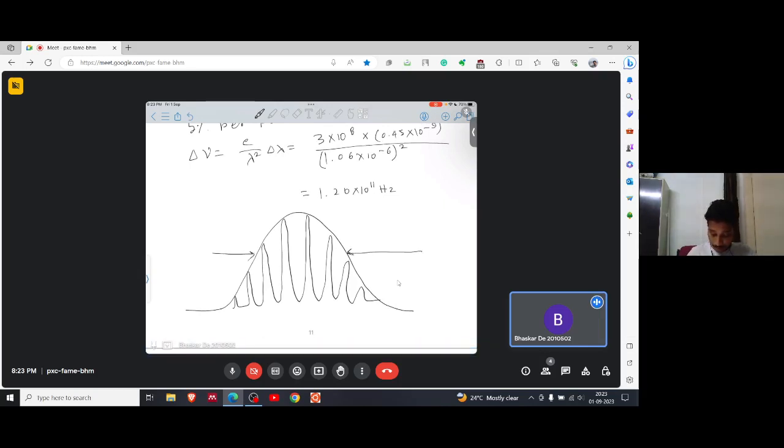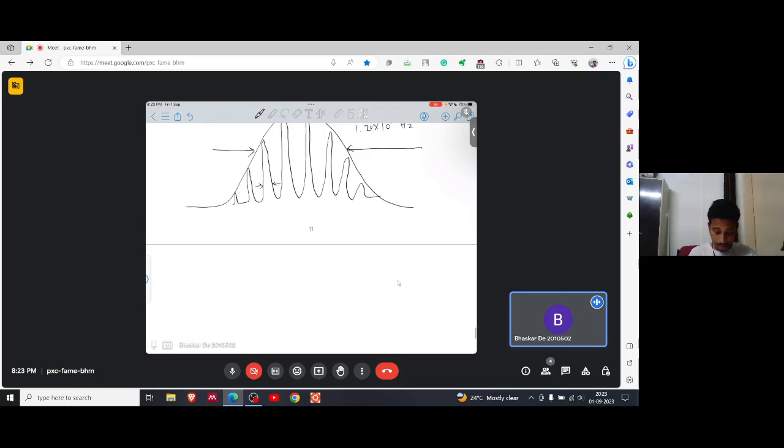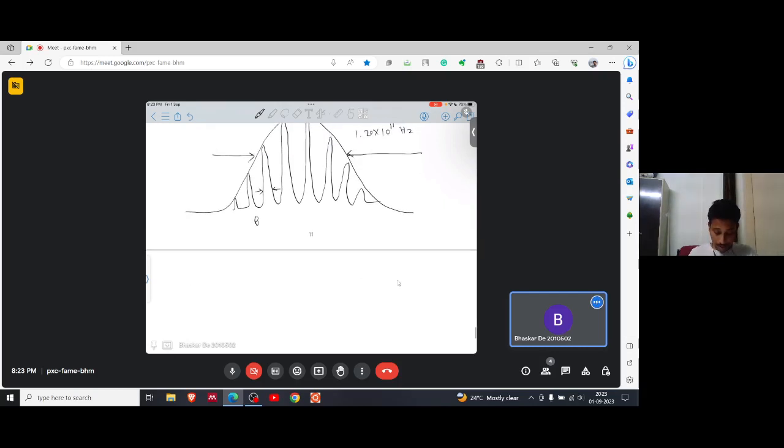This thing is given by 1.20 into 10 to the power 11 hertz, and this thing is given by 8.24 into 10 to the power 8 hertz.